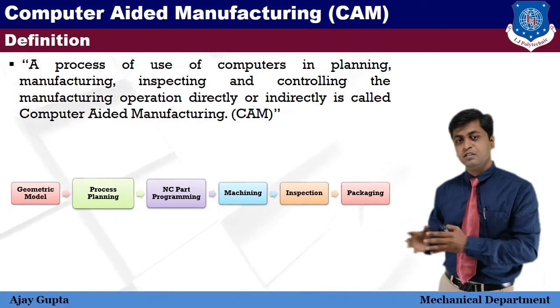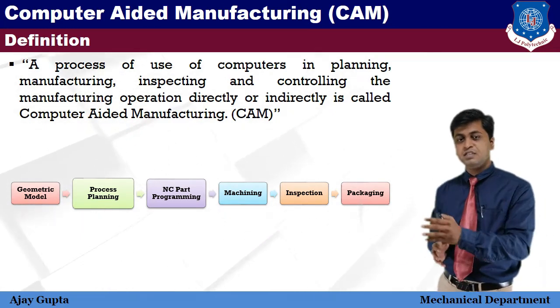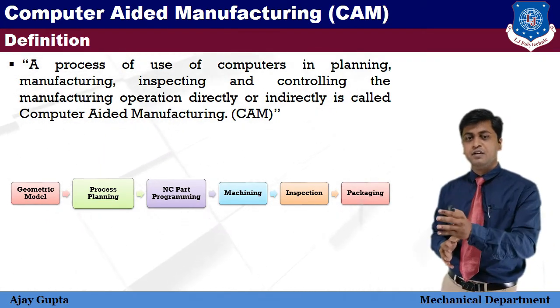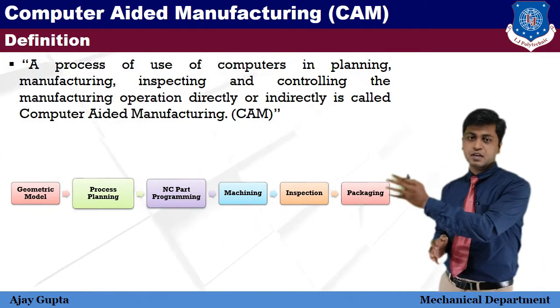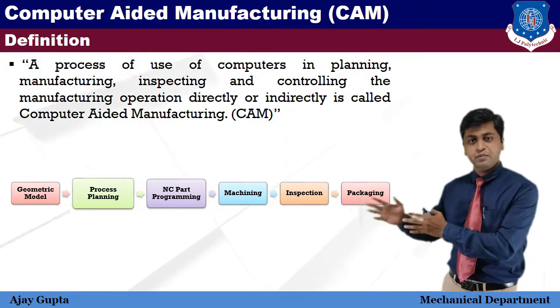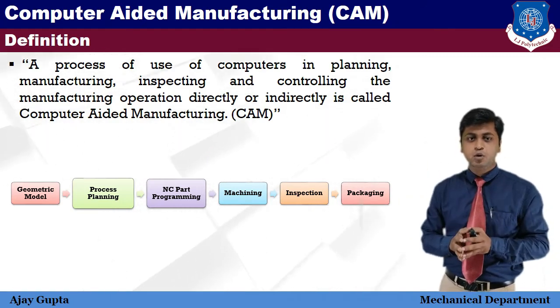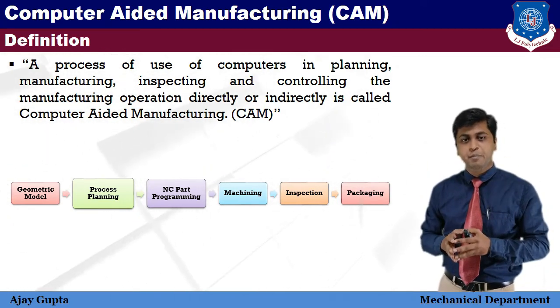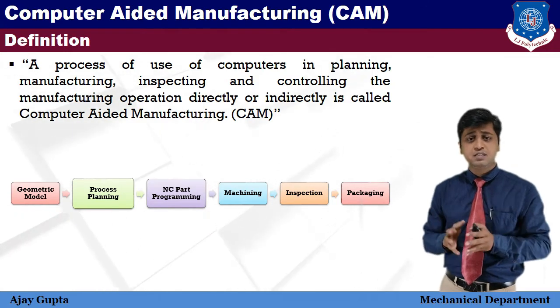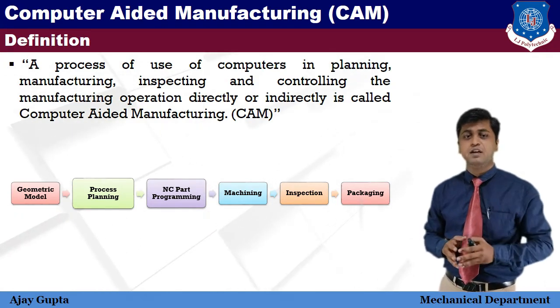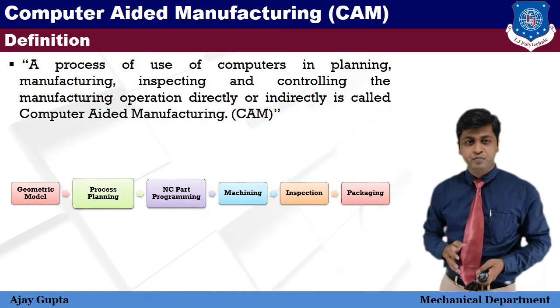Then after preparing the component, inspection is carried out, and then assembly, and after that packing and delivery of the component. So this whole process is included in the computer aided manufacturing system. When all the system is connected with the computer, it is known as CAM.